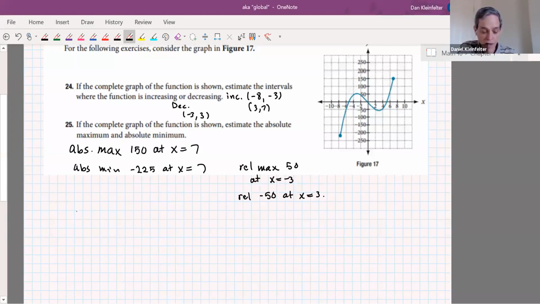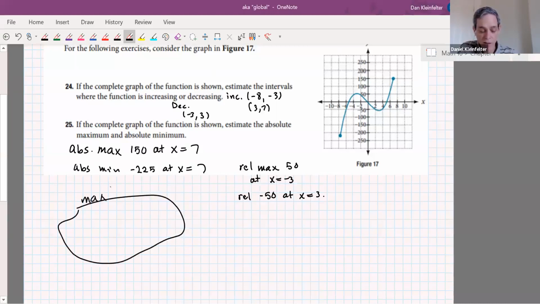If you think about all the different extreme values you can have, maximums and minimums, okay, there's relative ones. Out of those, a subset are the absolute ones. Okay, in other words, the absolute maximum and minimum are also relative maximum and minimum values.